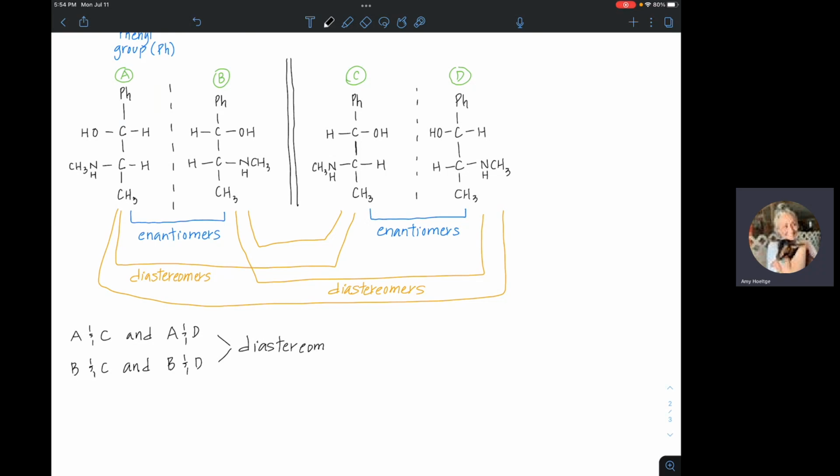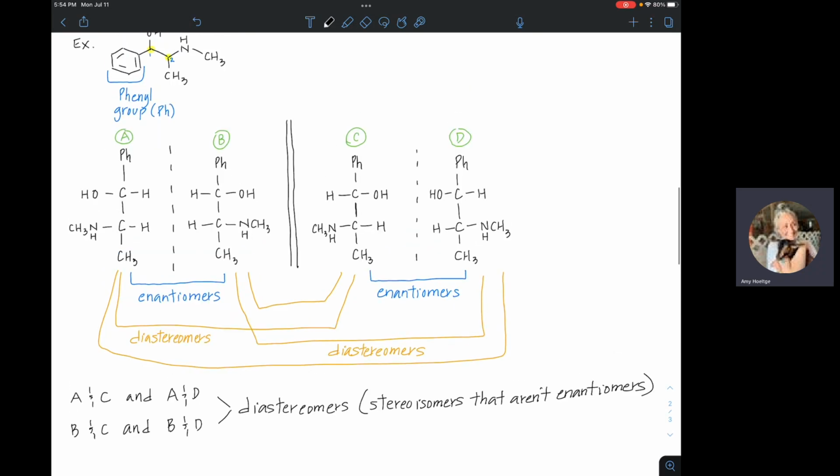Let me tell you a little bit about these. These are going to be stereoisomers that are not enantiomers. And we can take advantage of this because enantiomers, if you remember, have identical physical properties.